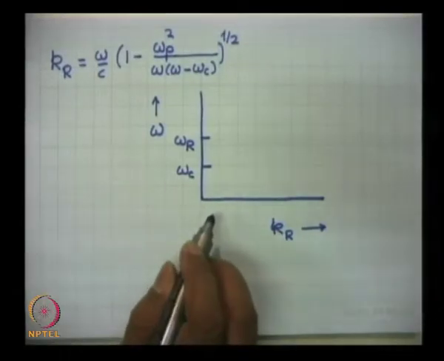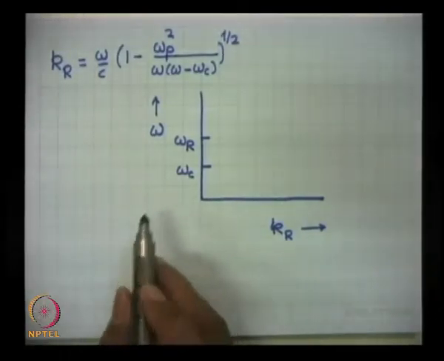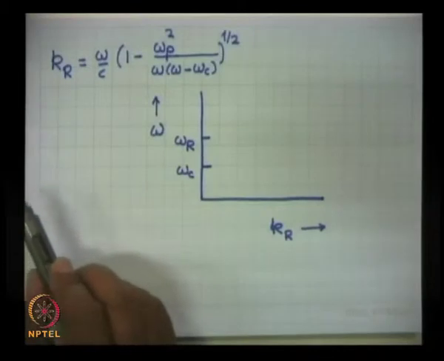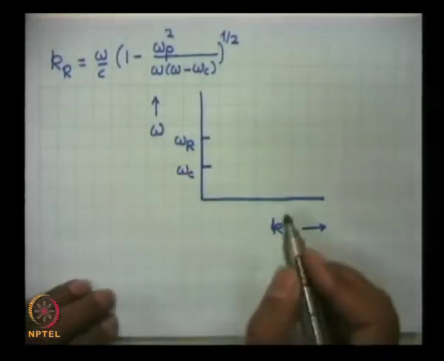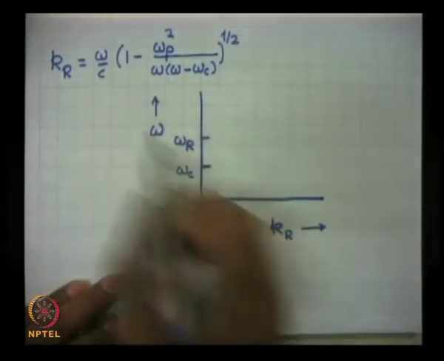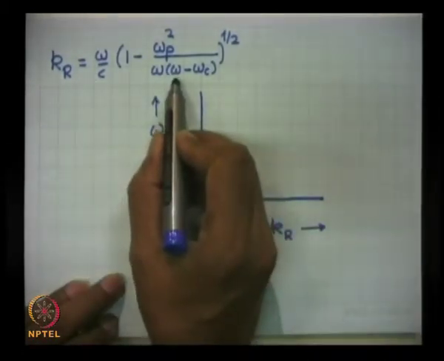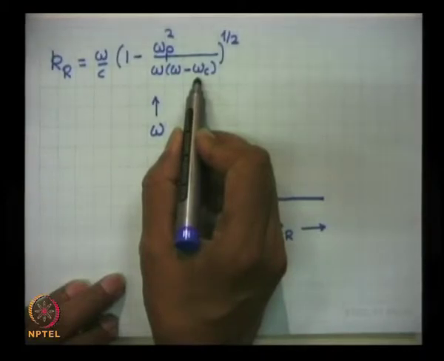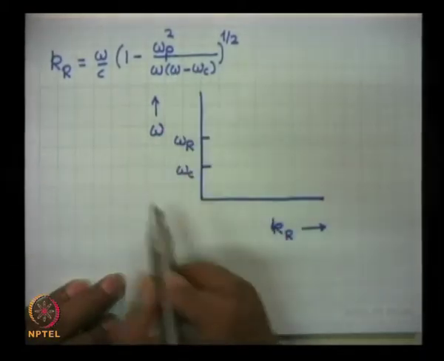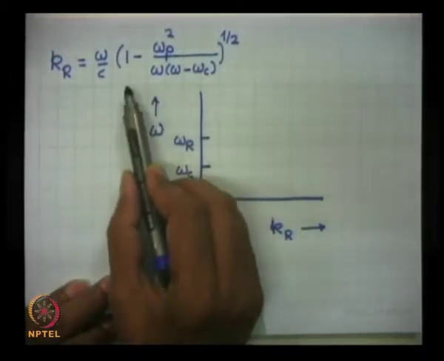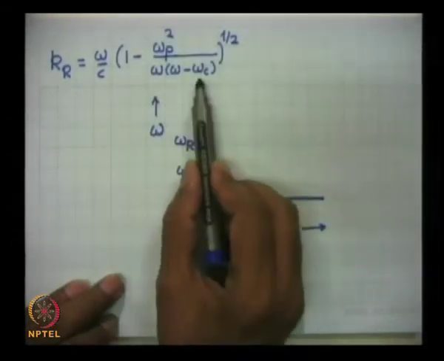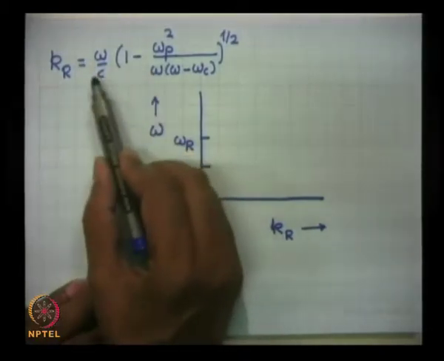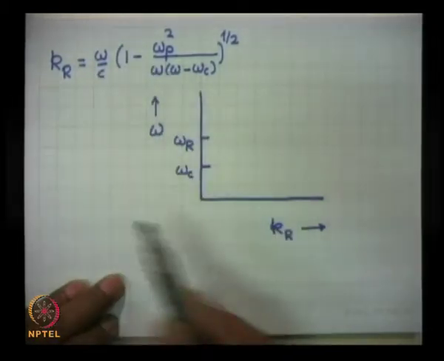So, what we are doing here, when we have ignored the ion motion, then this equation is true, and also when we have ignored the collisions. In that case, for omega less than omega_c, certainly all frequencies are possible because this entire quantity becomes positive, and k_r is certainly possible for all frequencies.